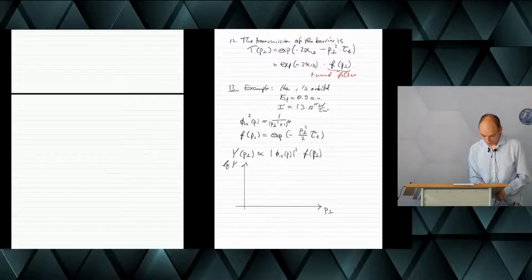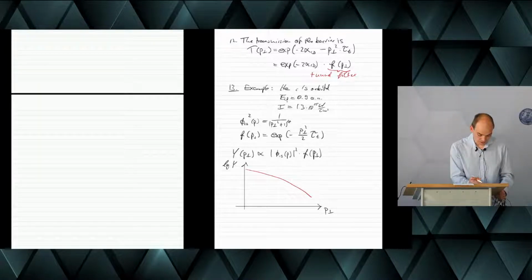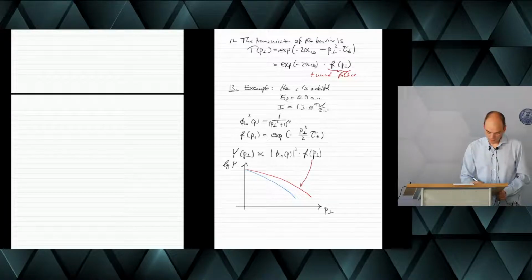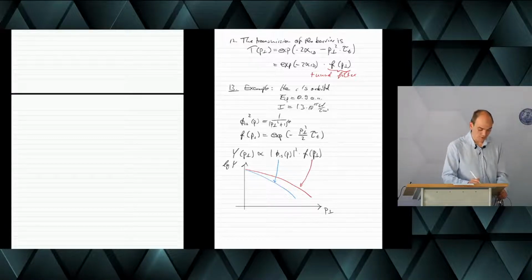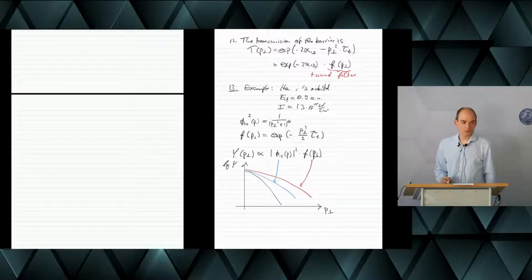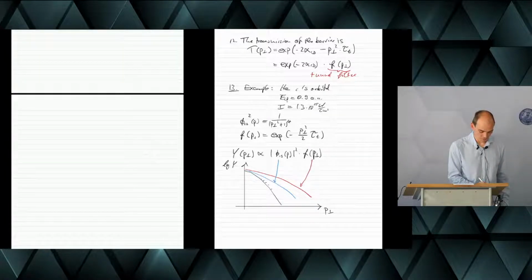And we observe that this decreases like that, and this would be the tunnel filter. And then we have a slightly steeper decreasing function, which is related to this orbital. But what's actually measured is the product of the two. And this goes like that, and that actually agrees quite well with the experimental data. So they sit somewhere here.